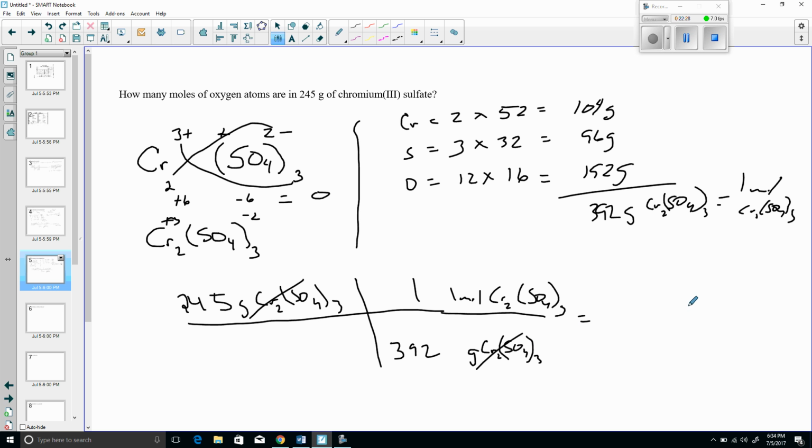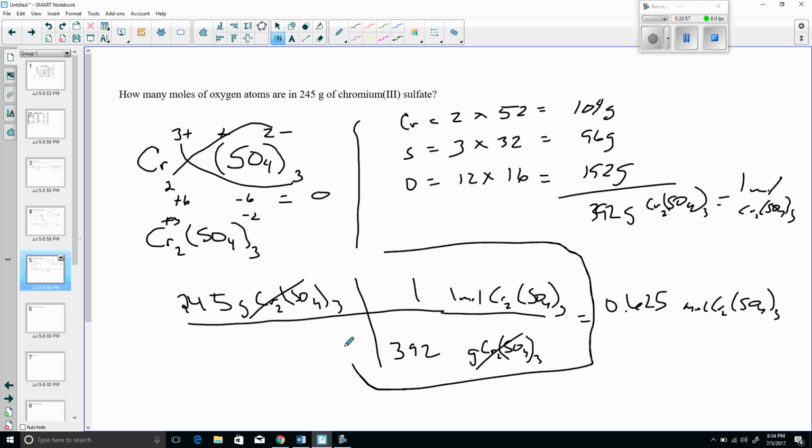And so we're left with moles of Cr2(SO4)3. So 245 divided by 392, and you should get 0.625.